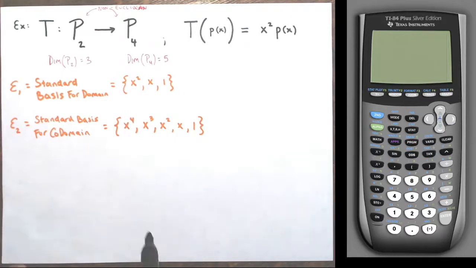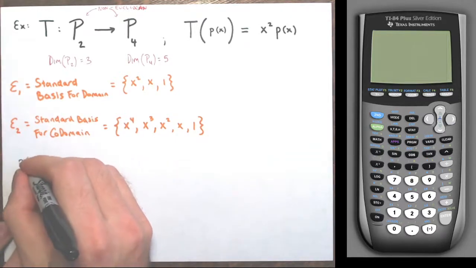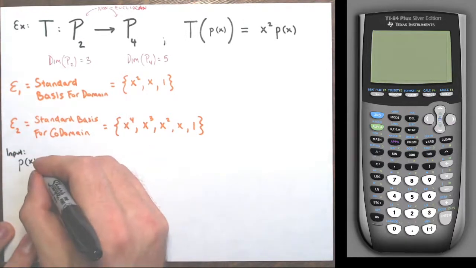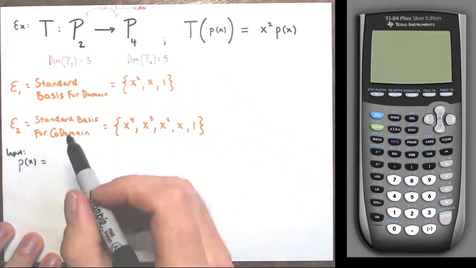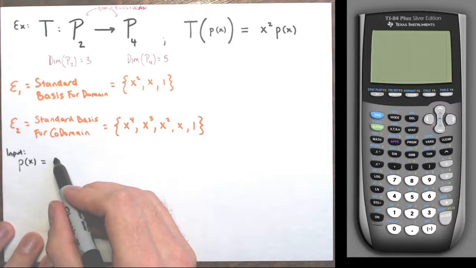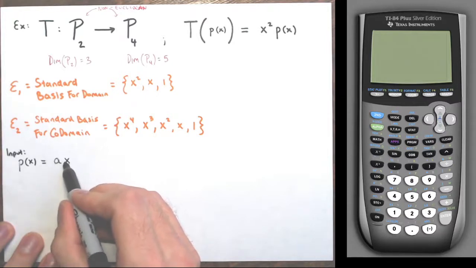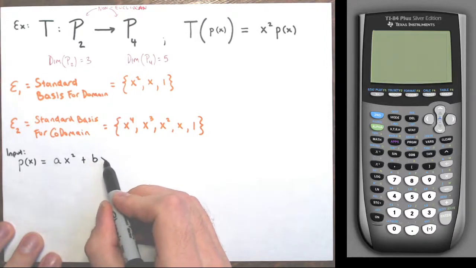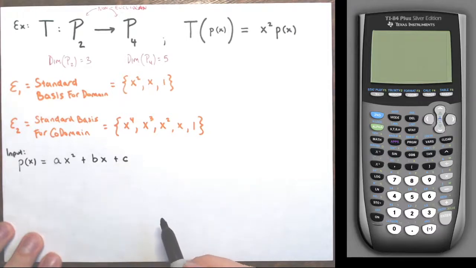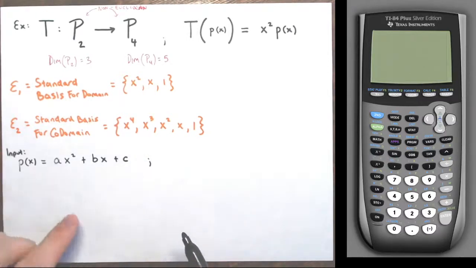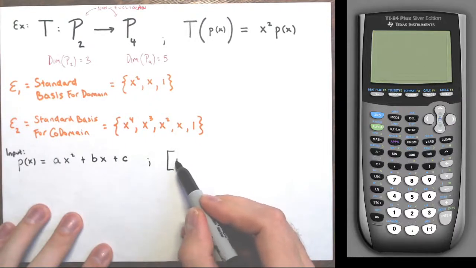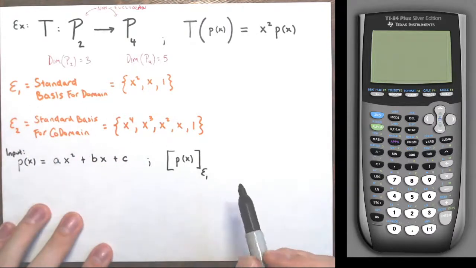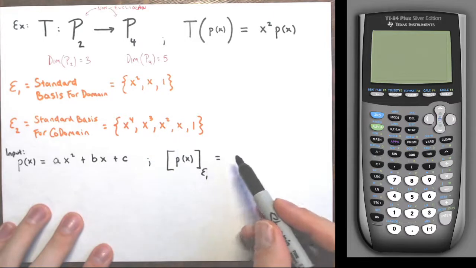So P of x, my input, I'm going to translate into coordinates. Now P of x is a polynomial of degree 2 or less, so every such polynomial looks like some real number a times x squared plus some number b times x plus some number c. If I translate this into coordinates, what's the coordinate vector of P of x with respect to basis E1, the standard basis for the domain?